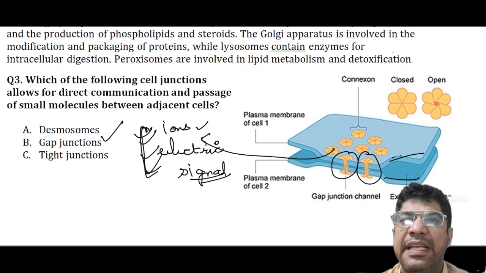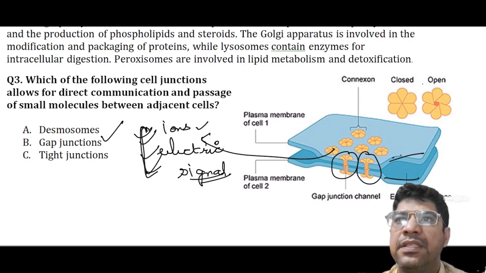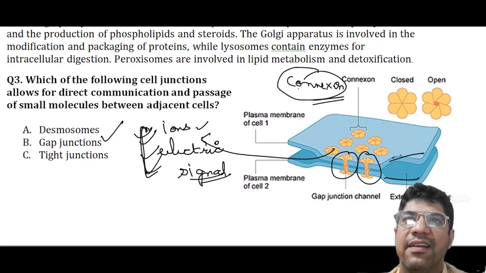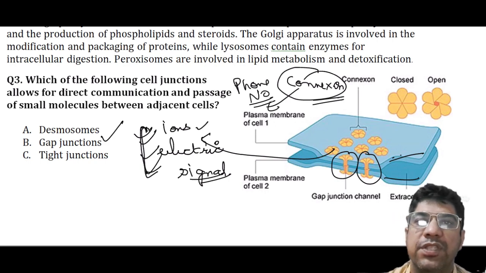Inside these gap junctions, there are special proteins that connect one cell to another. These proteins are known as connexins. They are just like a phone number for these cell phones.